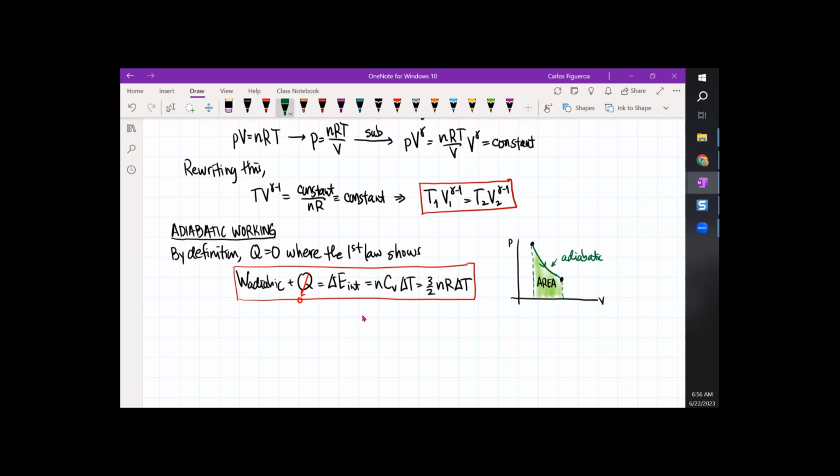But it just turns out to be the value of the internal energy. And this should not be a surprise, because this is process independent. It doesn't matter whether it's isochoric, isobaric, or adiabatic, the change in internal energy is given by this expression.